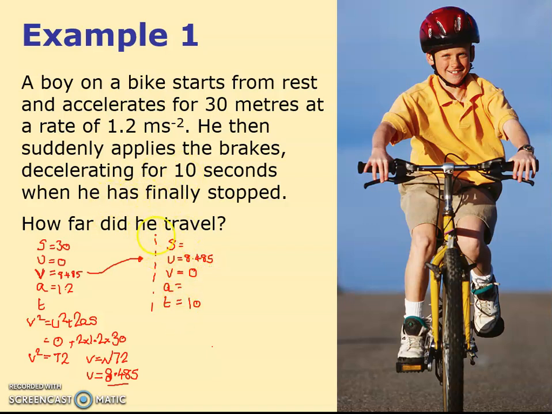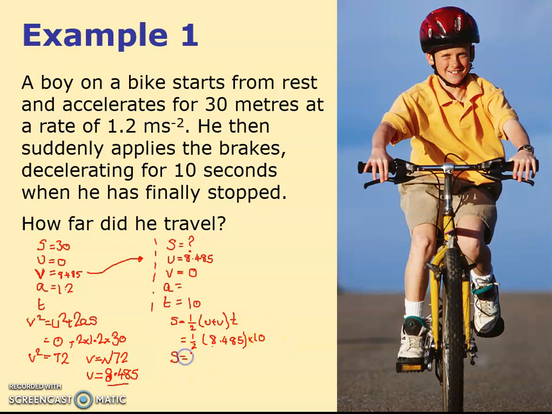It's after how far he travels, so I'm after this S. Using those, I reckon the next equation is S equals a half of U plus V times T. Luckily the S is at the start, so like last time we didn't have to rearrange. A half of U plus V, and the V here is 0, so this is really just 8.485 when you add them together, times T, which is 10. If I do that on my calculator, I get 42.4.